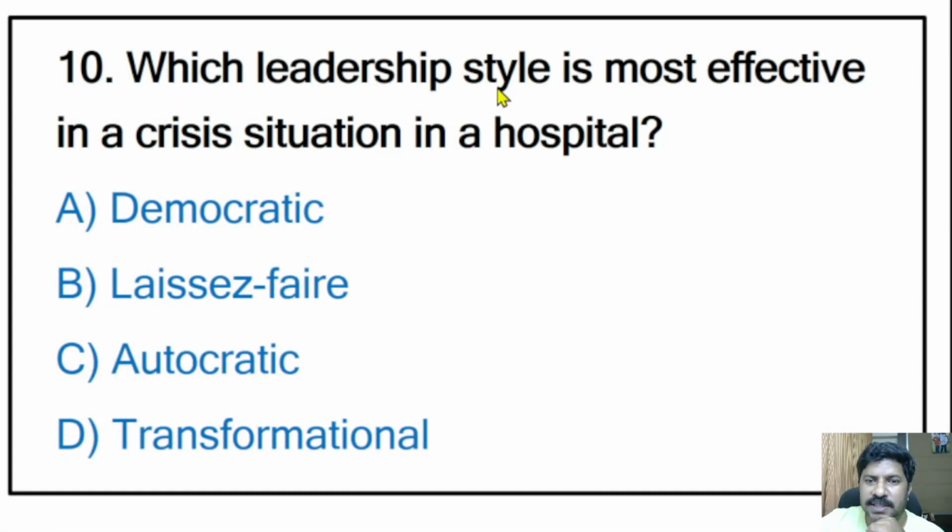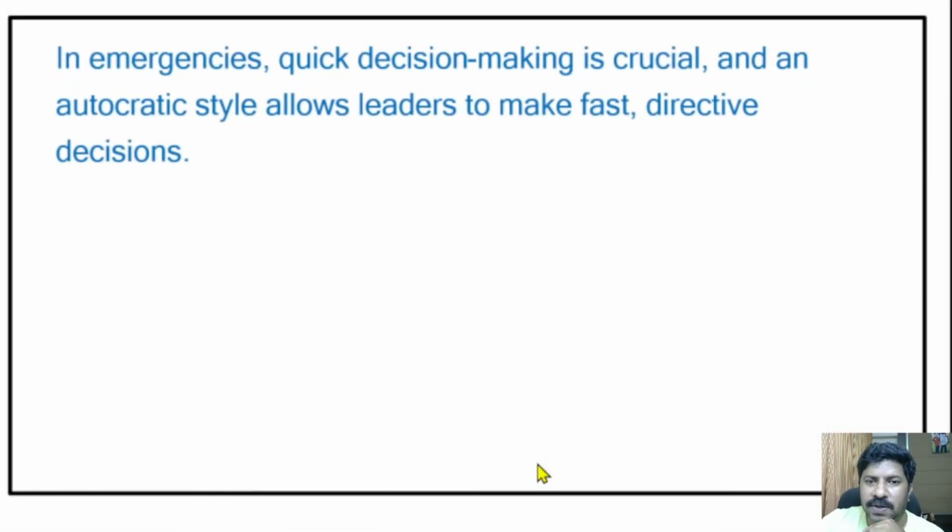Tenth question: which leadership style is most effective in a crisis situation in a hospital? Democratic, laissez-faire, autocratic, transformational. Correct answer is autocratic leadership style. In emergencies, quick decision making is crucial, and an autocratic style allows leaders to make fast, directive decisions.